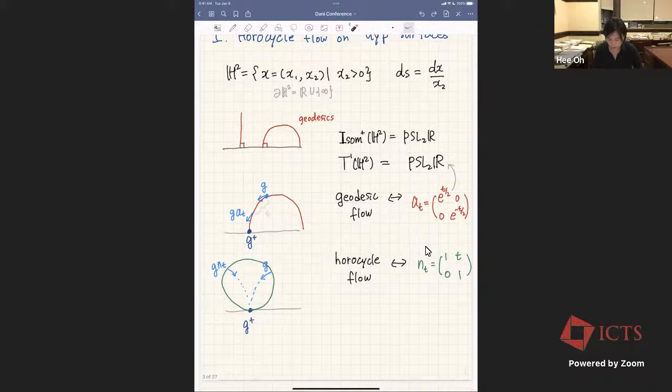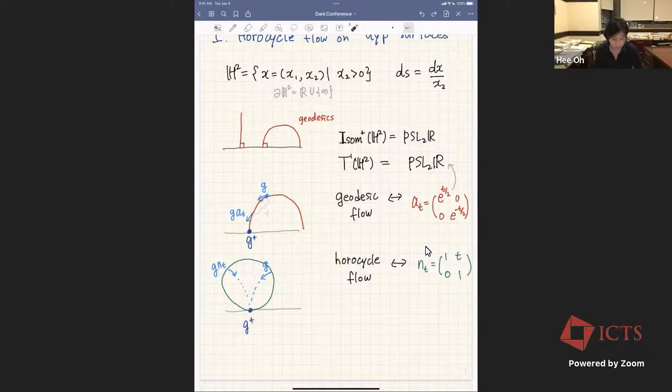Okay, so now if you consider this diagonal element a_t, e to the t over 2, 0, 0, e to the minus t over 2, then the right translation action of this diagonal element on PSL2R exactly corresponds to the geodesic flow on the unit tangent bundle. So if I have this unit tangent vector g, then g first of all determines the unique geodesic that it is tangent to.